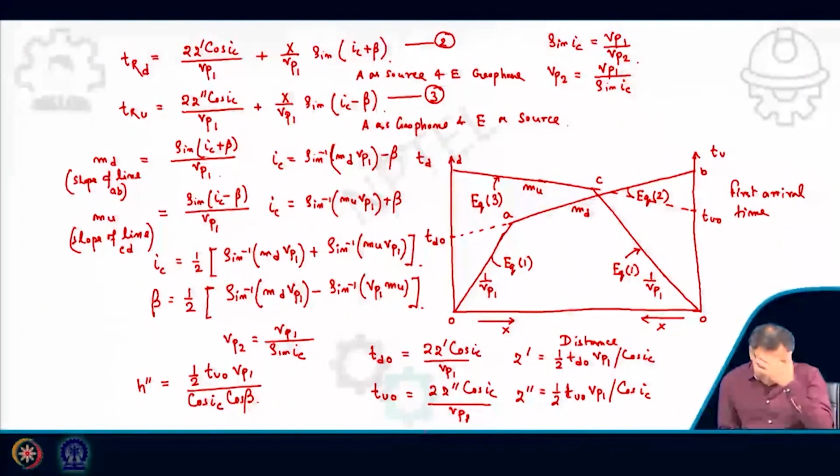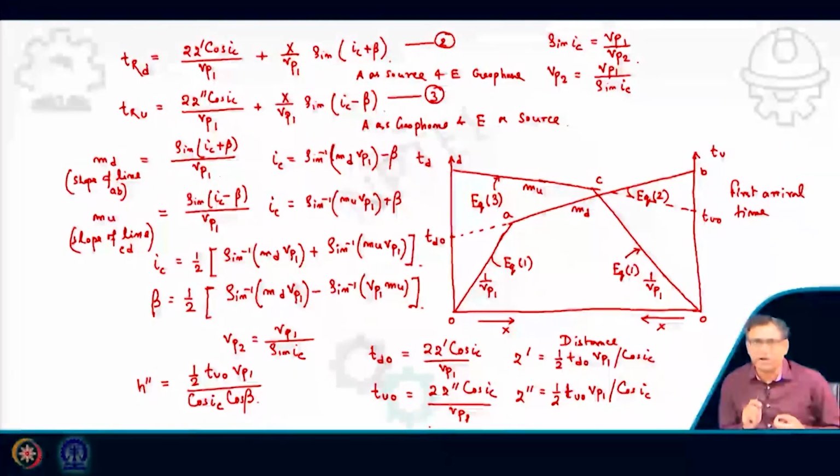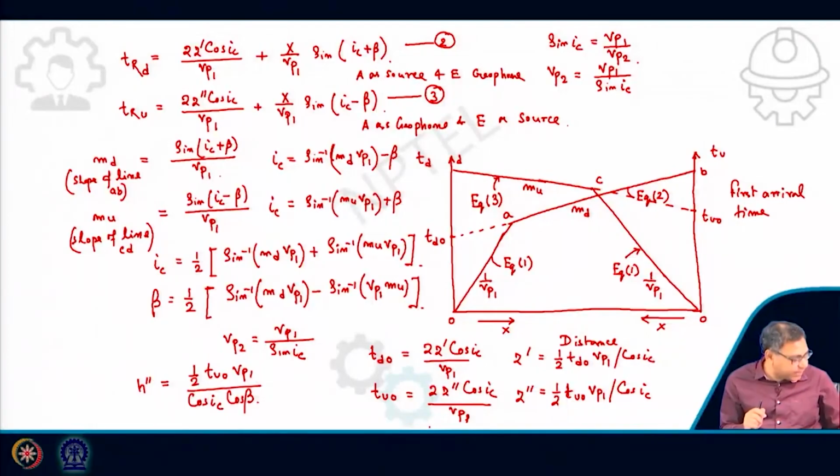So now all the quantities are known. So this way you will get the direction of beta, VP1, VP2 and the Z dash, Z double dash or H dash, H double dash. And I have already discussed what is the difference between H dash and Z dash or H double dash and Z double dash. Okay. So this way you will get all the required parameters.